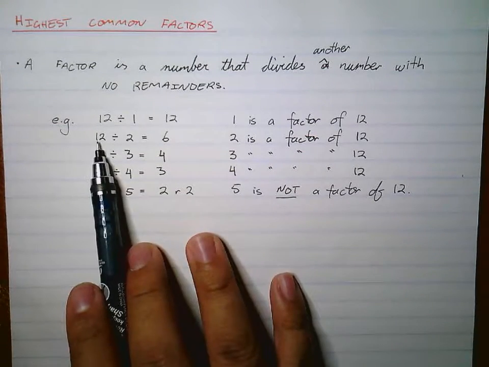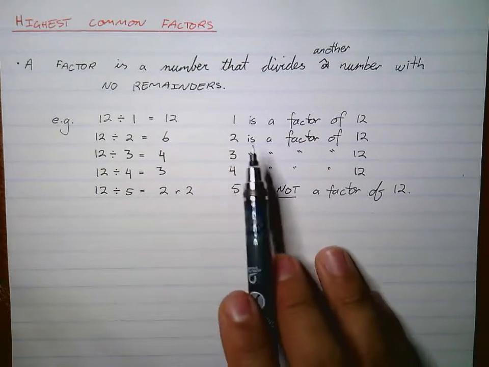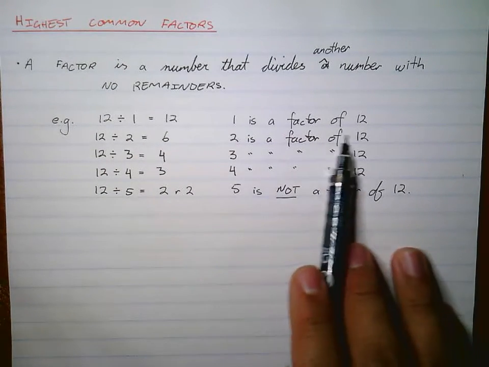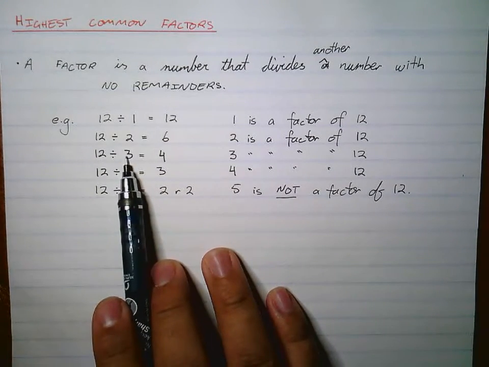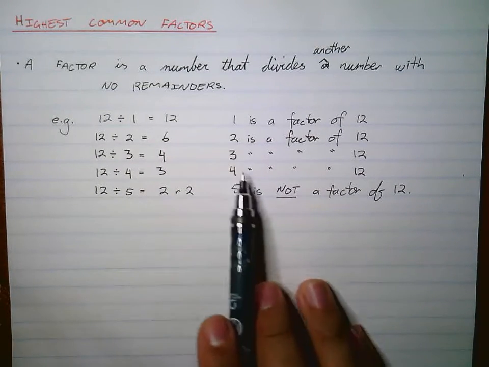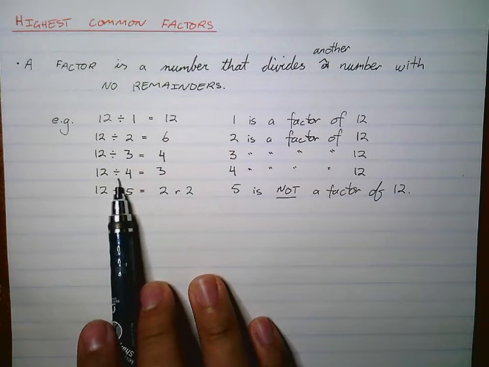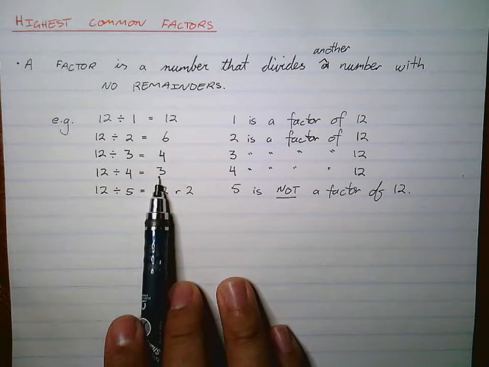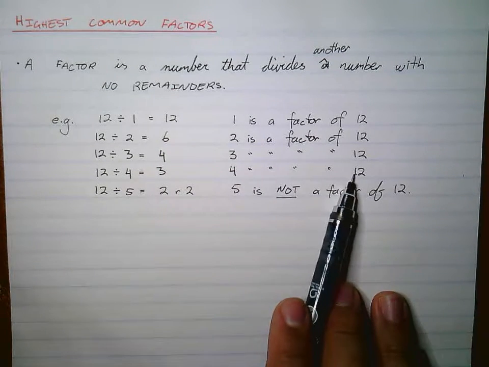Same thing. 12 divided by 2 is 6. Therefore, 2 is a factor of 12. And this can keep going. 12 divided by 3 is equal to 4, which means 3 is a factor. 12 divided by 4 is equal to 3, which means 4 is a factor of 12.